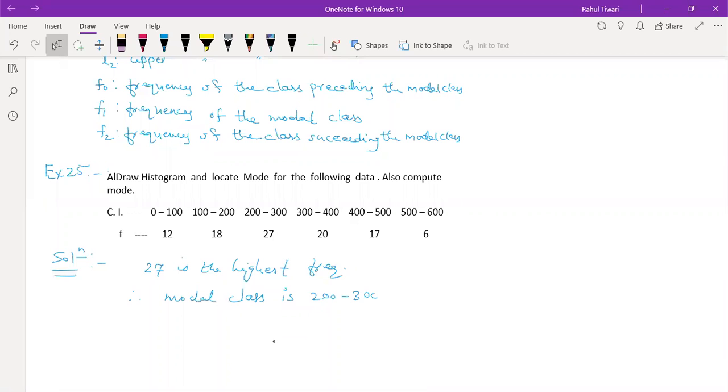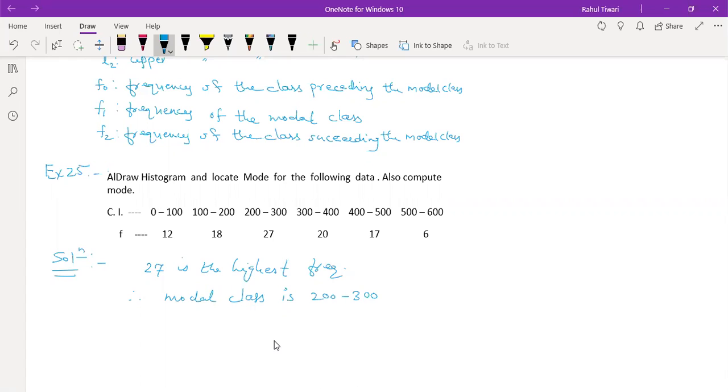Is that clear or not? Let me know first of all. Modal class means where the mode is lying. Getting my point? Everybody understood? Yes, sir. So wherever we have the maximum frequency, based on that, we will get the modal class.